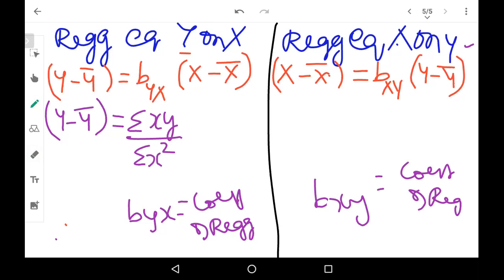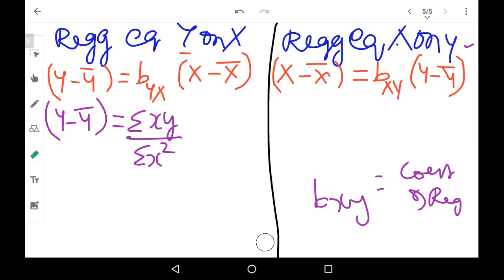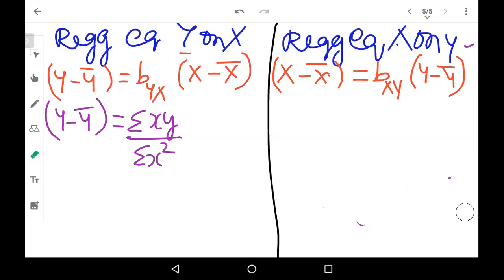Again, if you see here, for y on x, y has come first. For x on y, x has come first. So that is why, and moreover, I don't know the value of byx directly. So that is why I am rewriting this equation in this format, so that I have the information of bxy and x square. Okay, so let us solve this.